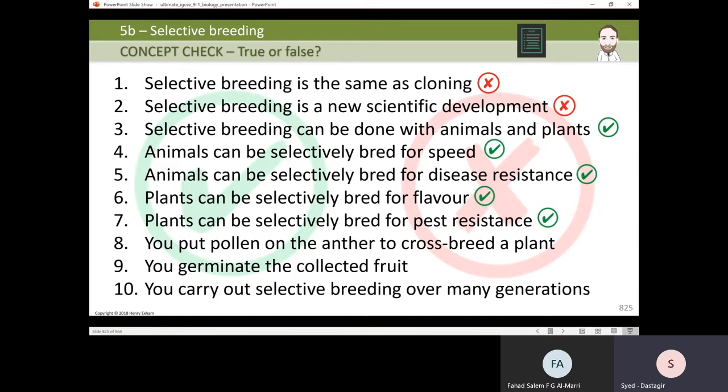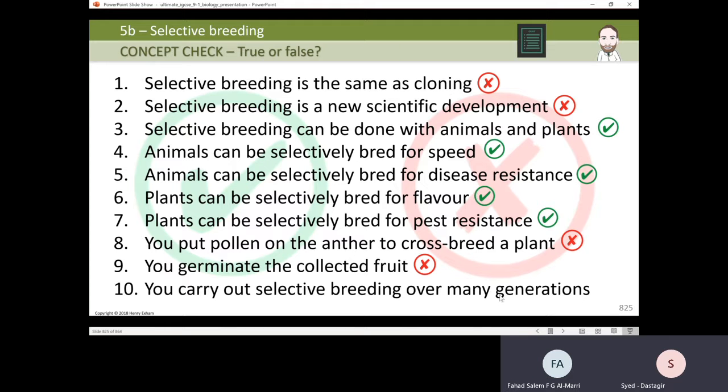Correct. You put pollen on the anther to crossbreed a plant. No. On the stigma. You germinate the collected fruit. No. Because seeds germinate. You carry out selective breeding over many generations.